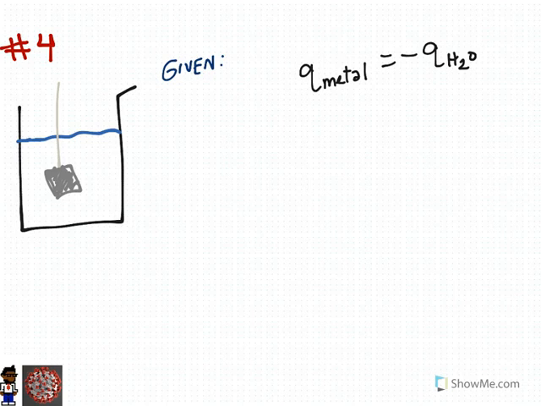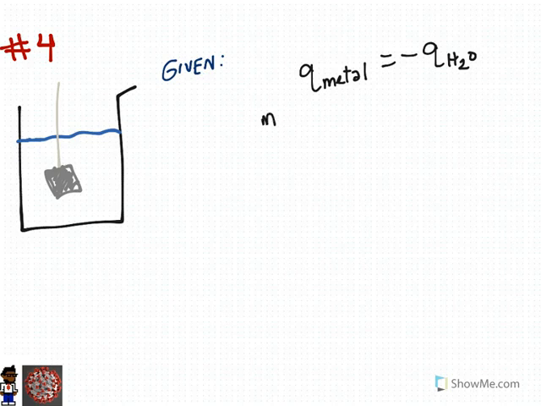It doesn't matter. So, if we know that the heat that the metal loses is equal to the heat that the water gains, and it's represented by Q, we also know that Q is equal to MC delta T, right? So, that means that the MC delta T of the metal is equal to the negative MC delta T of the water.